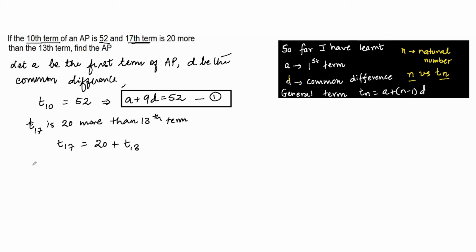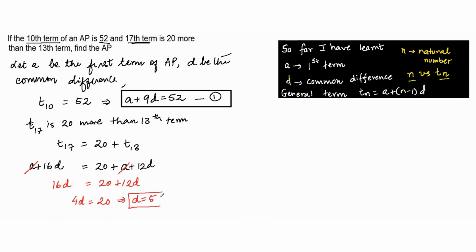Now the 17th term is given by A plus 16D is equal to 20 plus the 13th term, which is given by A plus 12D. Now A and A cancel, and therefore you get 16D is equal to 20 plus 12D, right? And therefore 4D is equal to 20, which means the value of D is equal to 5.